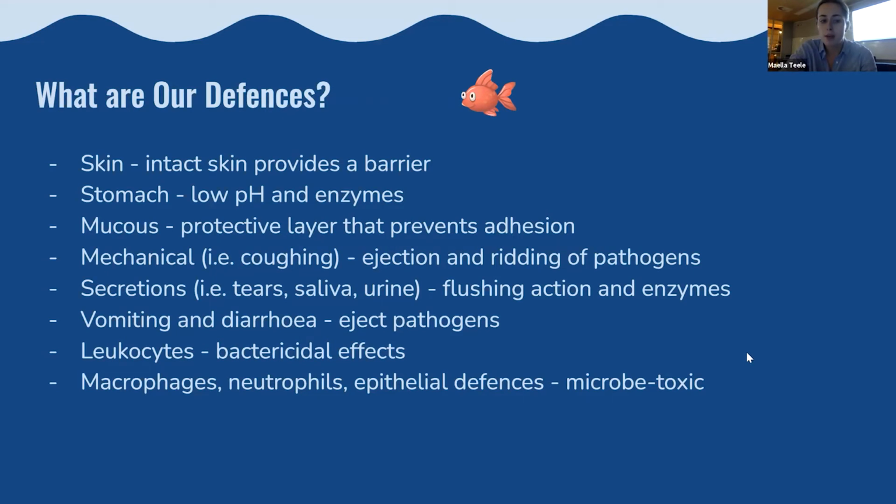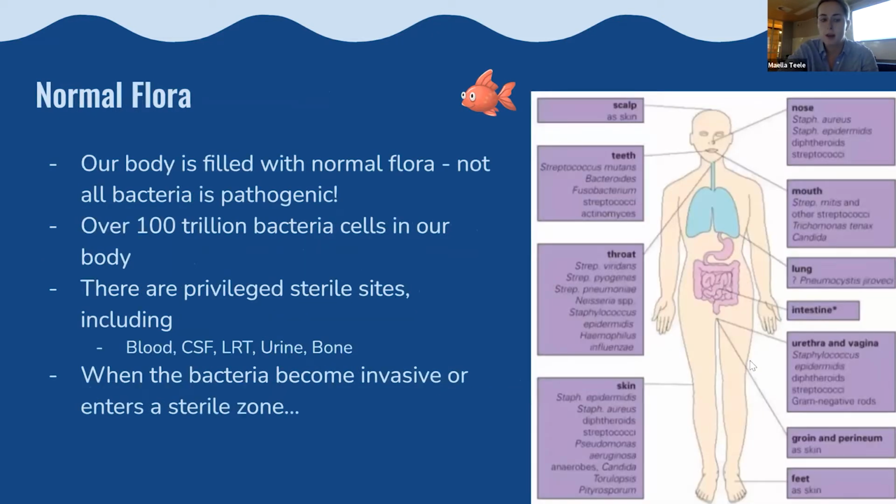We've got mechanical mechanisms of defense, like coughing and vomiting, which eject and rid us of pathogens, and we've got secretions as well, which have flushing actions and enzymes. Then we do have our innate immunity, so we've got our leukocytes and macrophages, which have bactericidal effects and are also microbe toxic. So that means that they're able to kill the pathogens. But the defenses that just stay in our body are more like our skin, our mechanical defenses, and things like that.